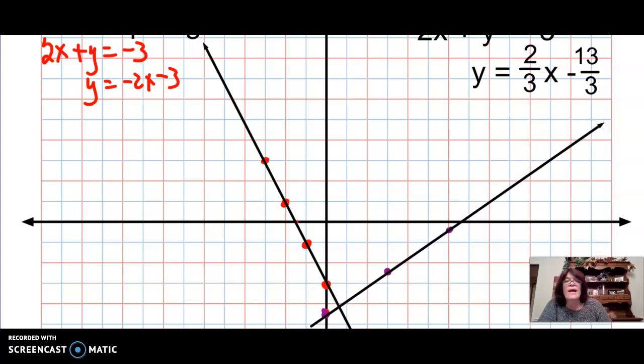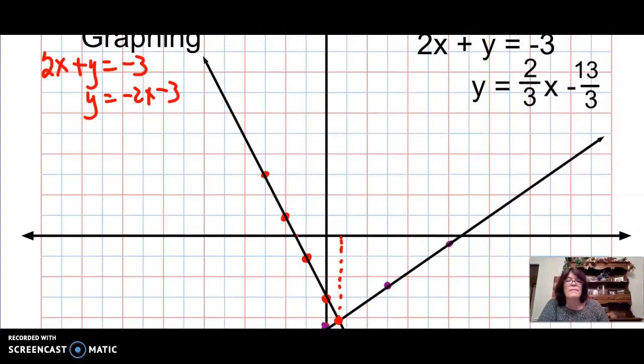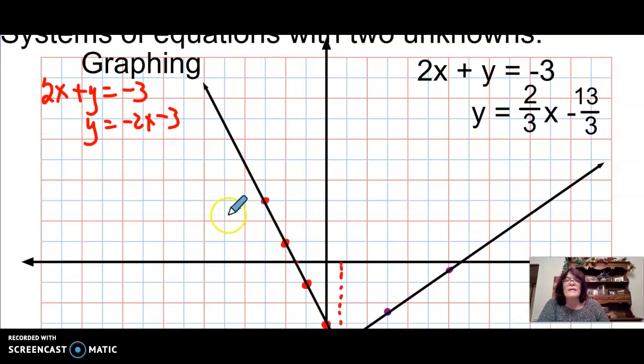So we'll graph that. The problem is this time it's a little bit hard to see what that point is, where they intersect. Is that about a half or 3/4? I don't know. Okay, so I'd have to look and see what that is.